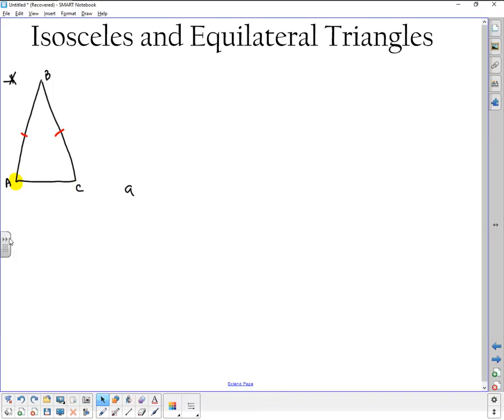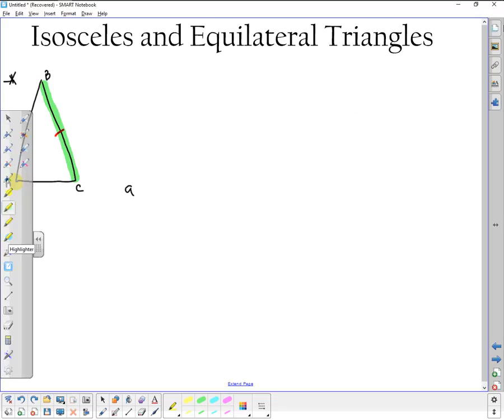Maybe they're talking about this side over here. This will not be opposite to angle A because it is right next to it. If I look at this side, this will be the opposite, because it's not right next to it, it's the furthest apart. So this side right here will be side a.